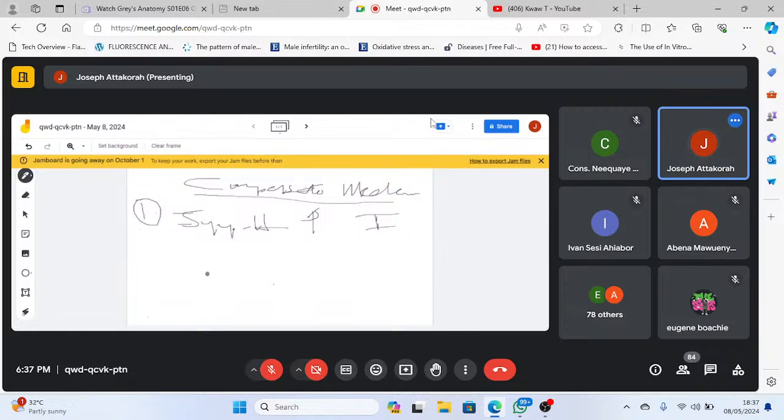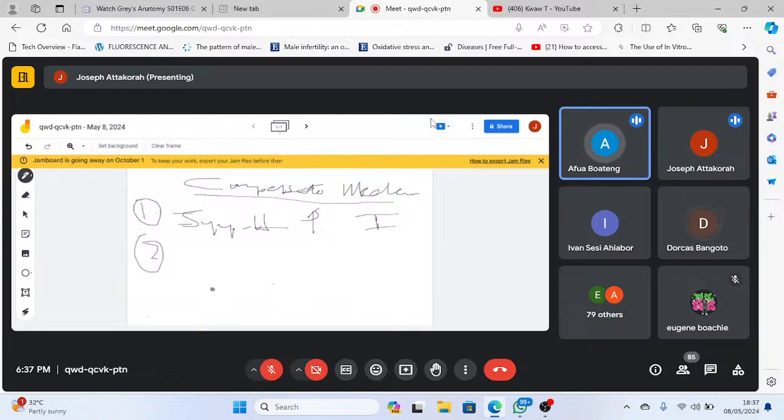Please, is that clear? Yes, sir. So, any other? Fluid retention.